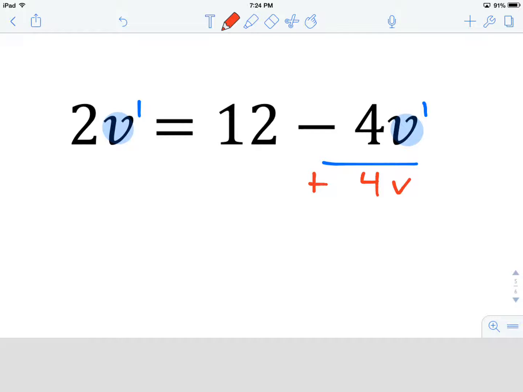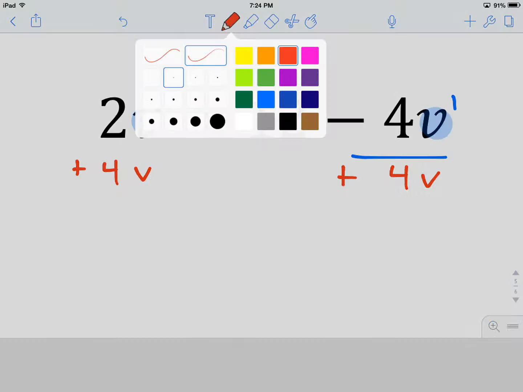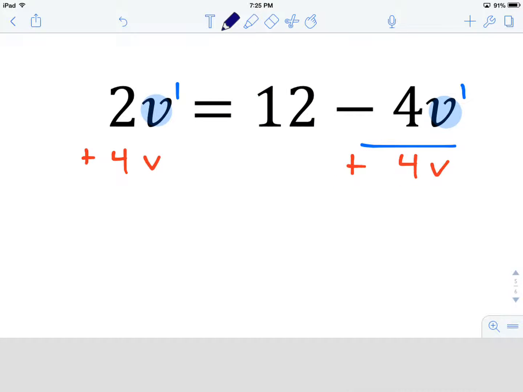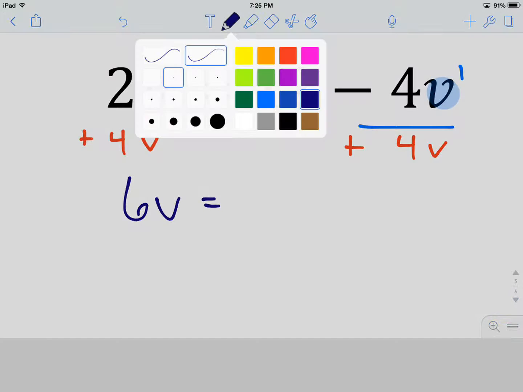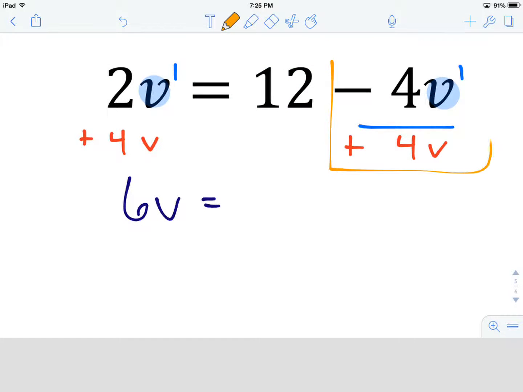But I need to do the same thing to both sides of my equation. So I've written it down on both the left and the right sides. Now on the left side of the equation, I have 2v plus 4v. That's going to give me 6v's. And on the right side of my equation, by subtracting 4v and adding 4v, I've undone those things, so they're not around anymore.